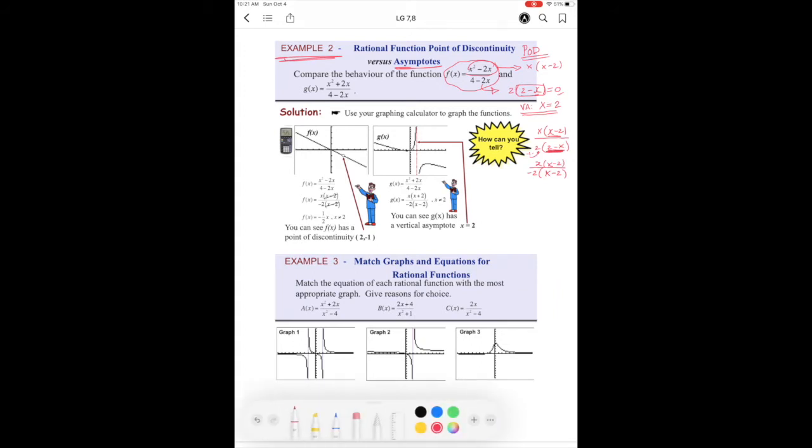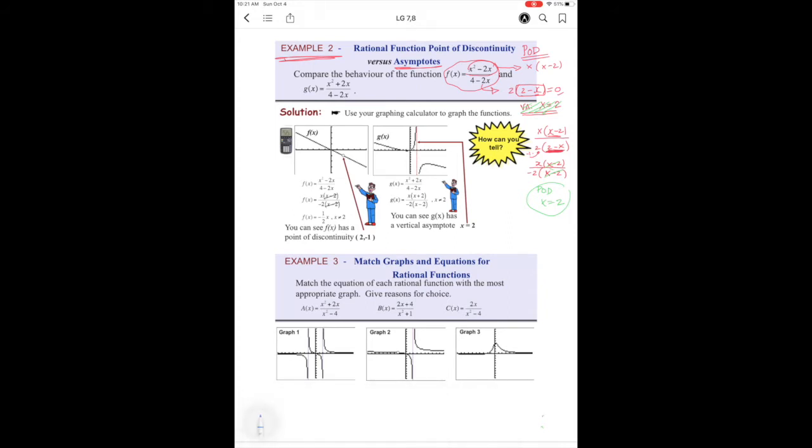And now you can see that this and this can cancel out. So now I have a POD where x equals 2. So this is not an asymptote. Okay, so just watch out for that. A POD versus a vertical asymptote.